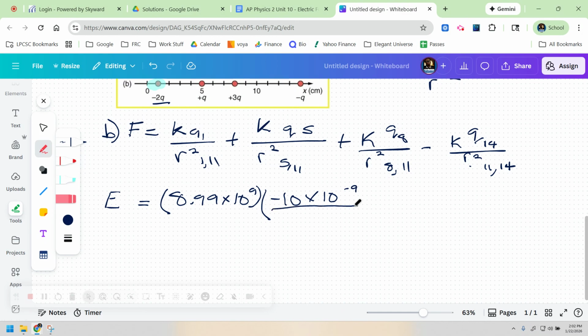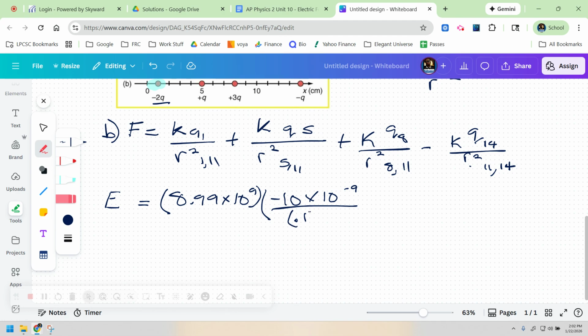All over the distance squared, the distance between 1 and 11 is 10, but 10 centimeters is 0.1 meters.